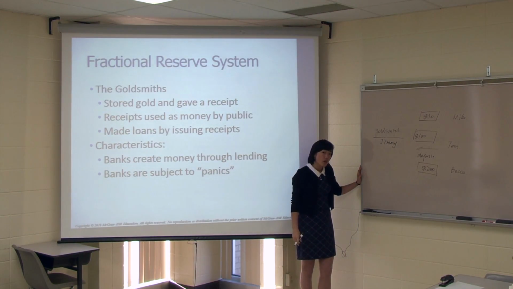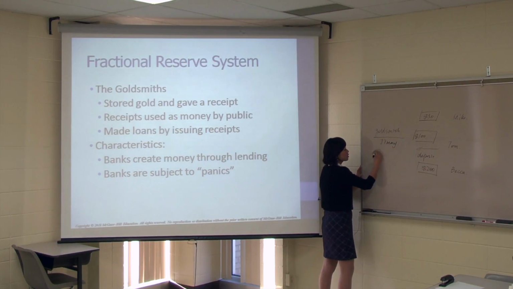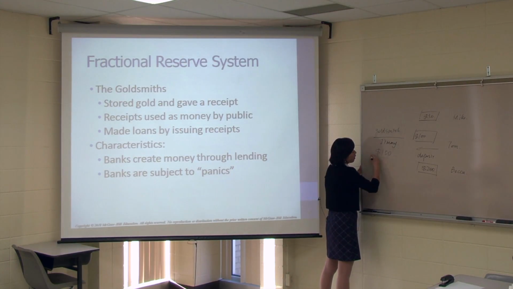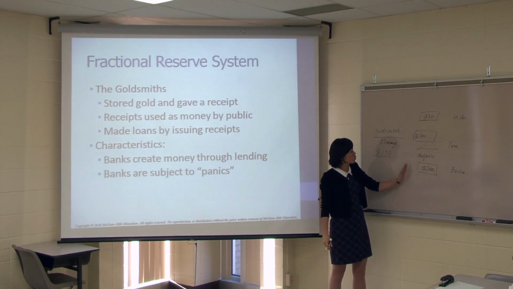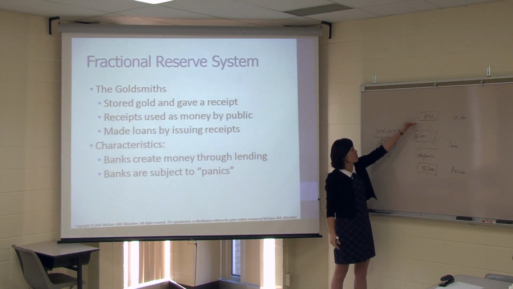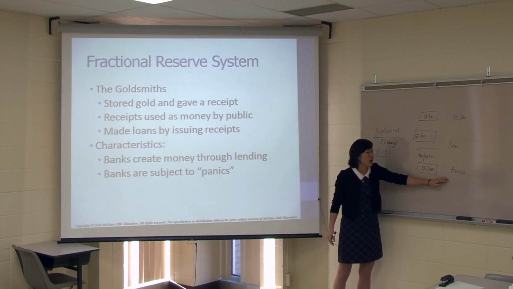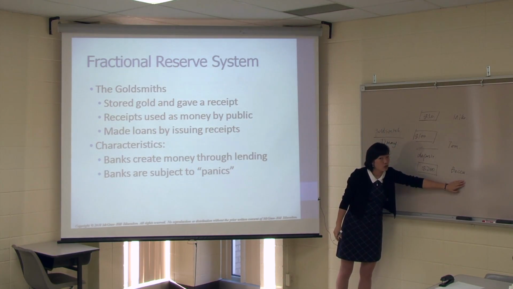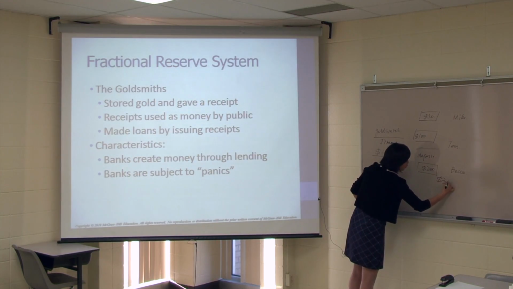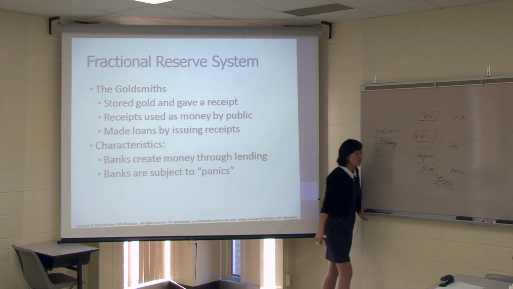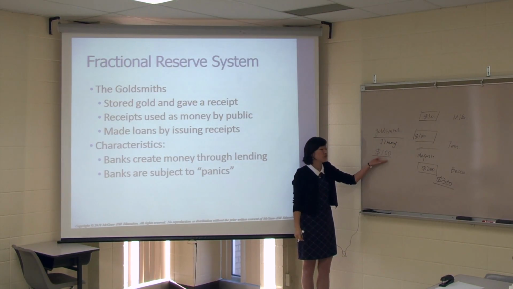Now what happened is, in the vault, Jimmy only had 150, but he wrote 3 receipts: 50 for Mike, 100 for Tom, and another 200 for Becca. In the market, this is 350, but actually only 150 is backed by real gold.